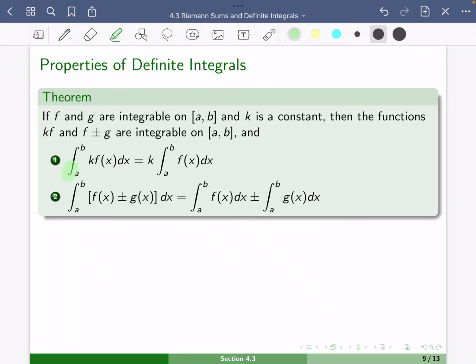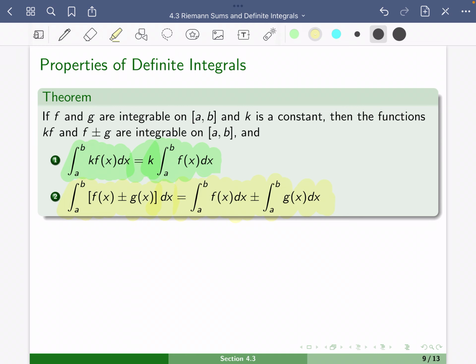If you have the integral of k times f of x dx, then that constant you can bring out in front of the integral. Similarly, if we have two functions that are added or subtracted, then we can just add or subtract the integrals of those. We can integrate those two functions separately and then combine them in the appropriate manner.